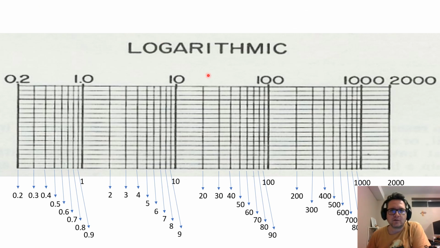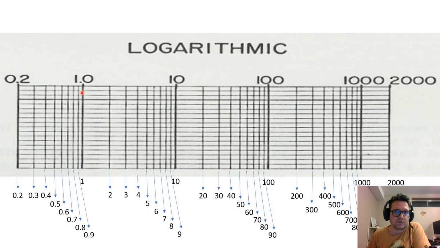So how to read the logarithmic scale? For the resistivity, we usually see it going from 0.2 to 2000. If it starts with 0.2, then the next one will be 0.3, then 0.4, 0.5, and so on till we reach 1.